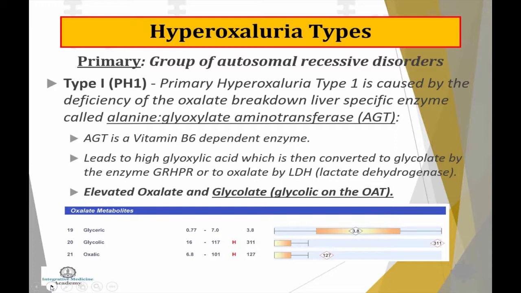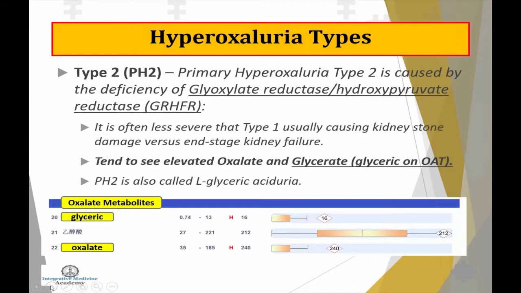Type 2 hyperoxaluria is a defect in the glyoxylate reductase hydroxypyruvate reductase enzyme. Now, in a severe situation, that could end up leading to major problems with kidney stones and even end-stage kidney failure.